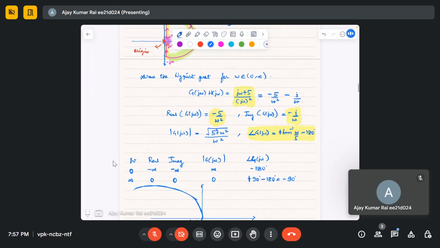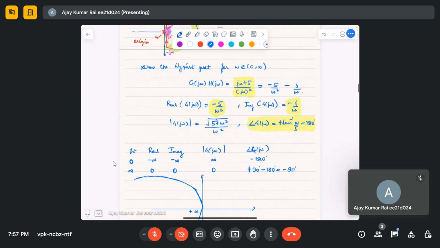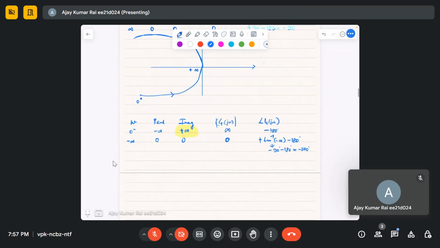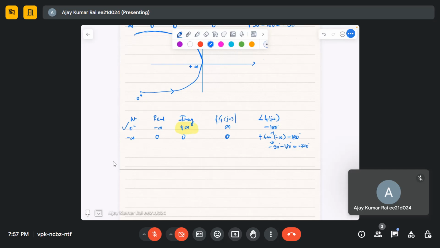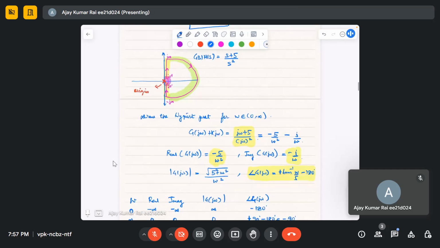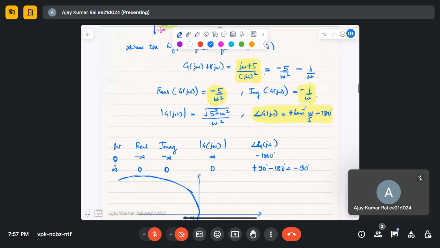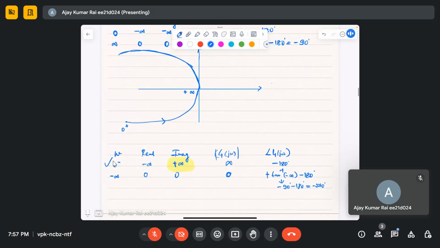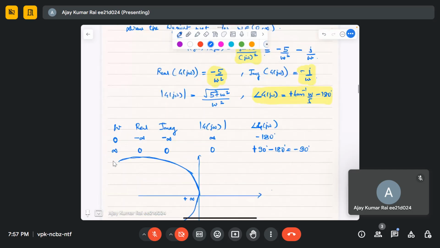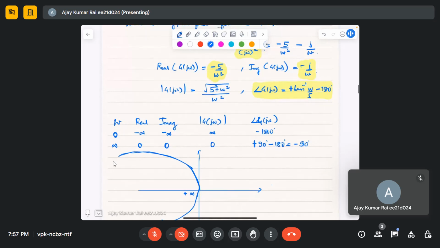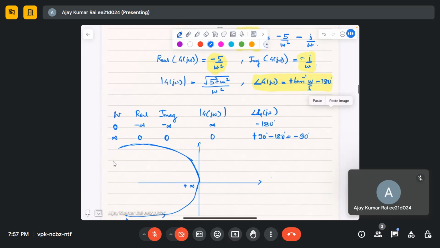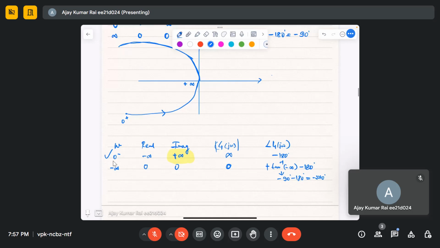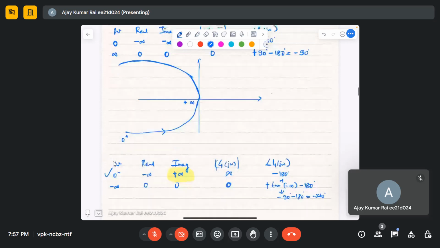If I put omega 0 minus, imaginary will be positive, but the real part will be negative. Correct. So this step is correct. Second is minus infinity. If I put, real part is equal to minus 0, correct, and the imaginary part is minus infinity, it will be positive. Okay, fine.